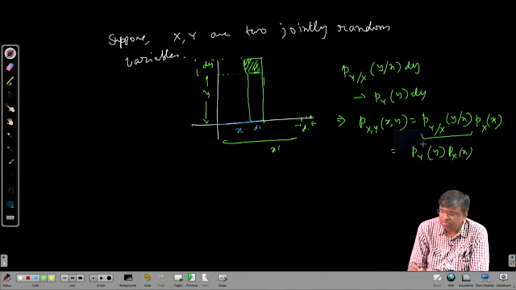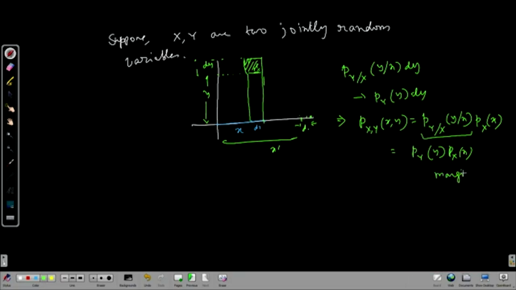There is a product of individual probability densities. Individual probability densities are also called marginal densities, and in this case we say x and y are statistically independent.